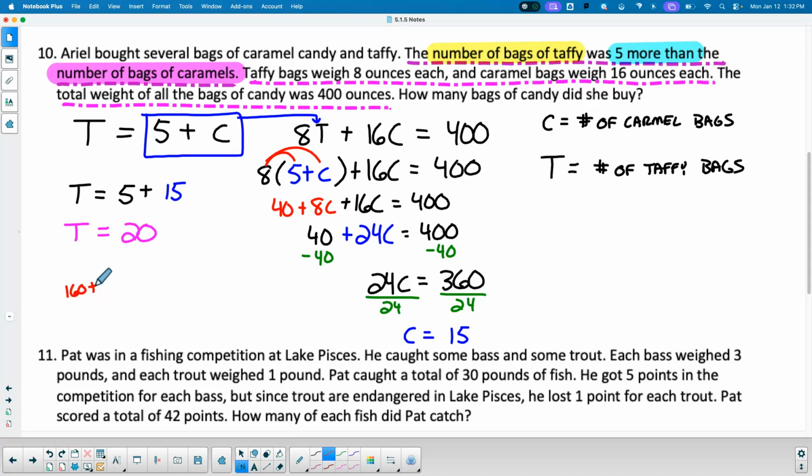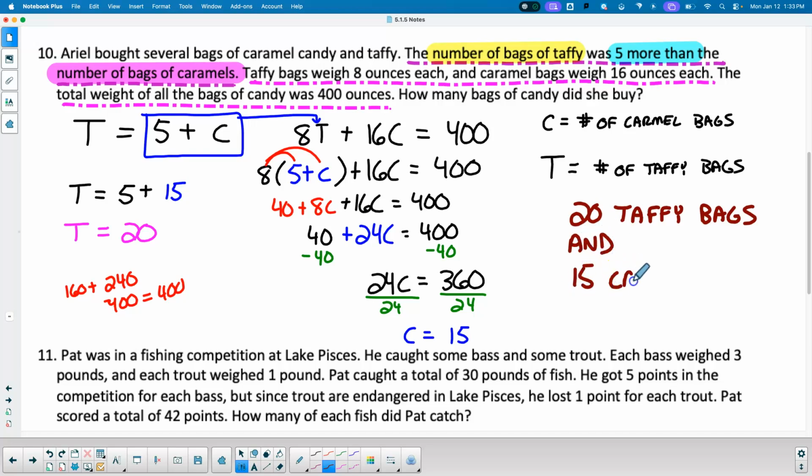Caramel bags weigh 16 ounces each, so 16 times 15 is 240. 160 plus 240 is 400, and that has to be 400 ounces. Yep, so it checks out. So my answer here is Ariel bought 20 taffy bags and 15 caramel bags.